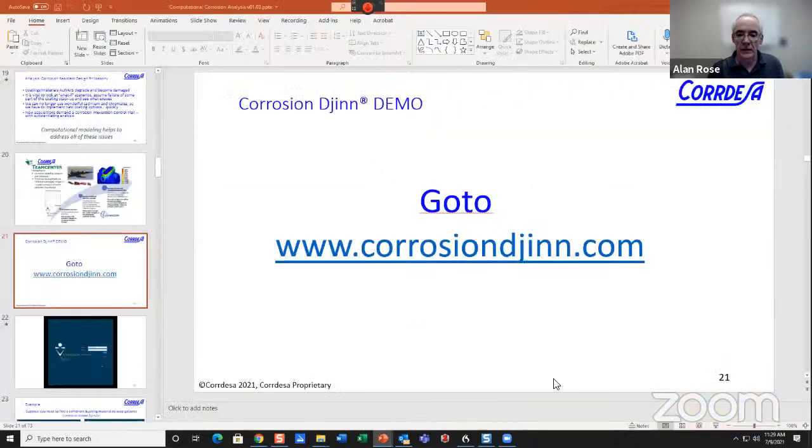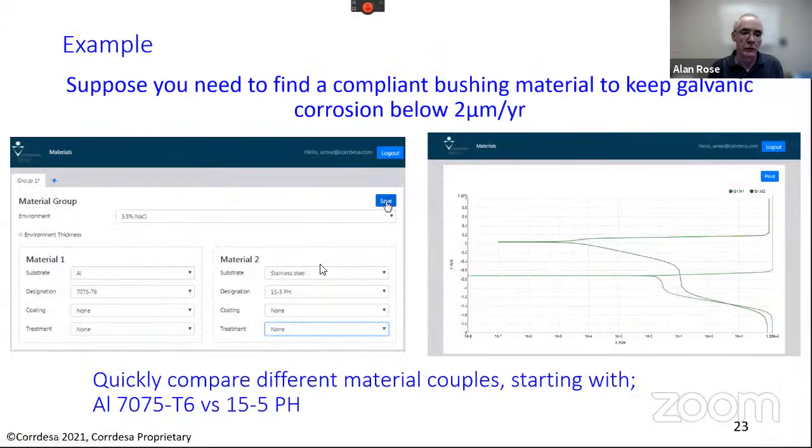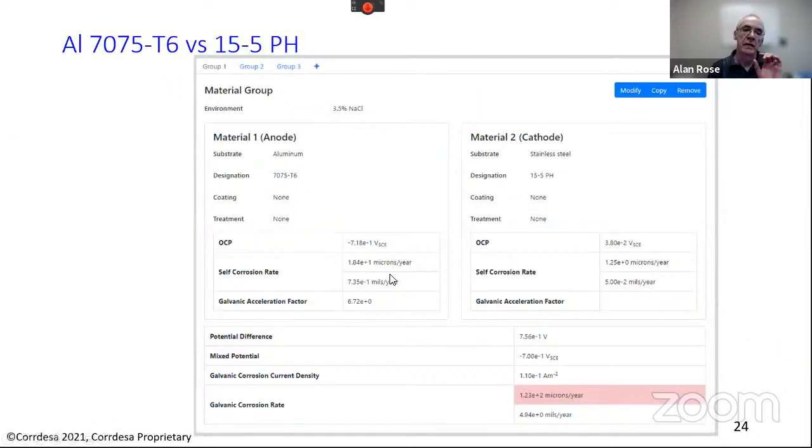Let's go back over here. Okay, so what we did, I just showed you Corrosion Gin, how we looked at impact of different materials. It's interesting that generally, if you were to look at the older standards, the potential differences, folks would think that titanium isn't a very good choice.